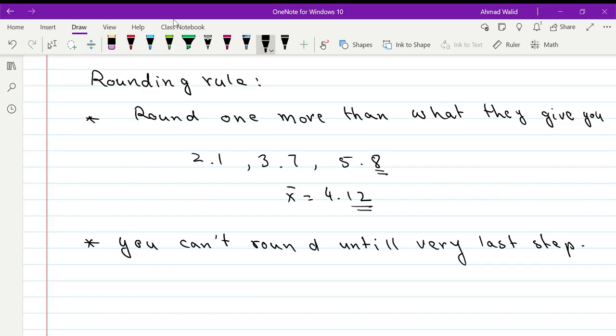For example, if you find your mean as 2.1679 and you round it to 2.17, and you plug this one into another formula and round it off again, your answer will be way off, and in statistics we cannot do that. That's why you wait for the last step and you only round in the last step.